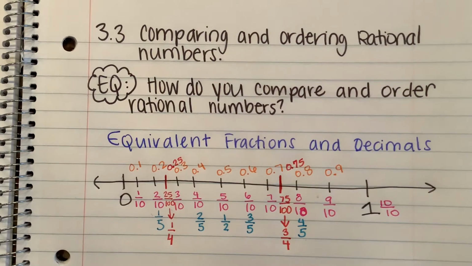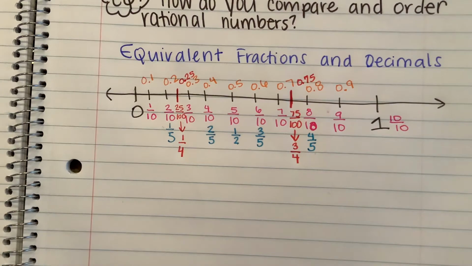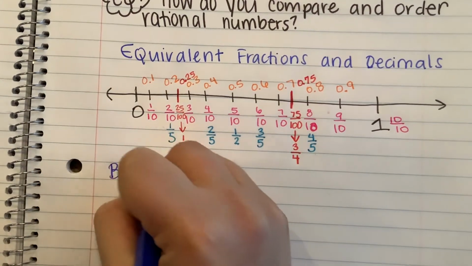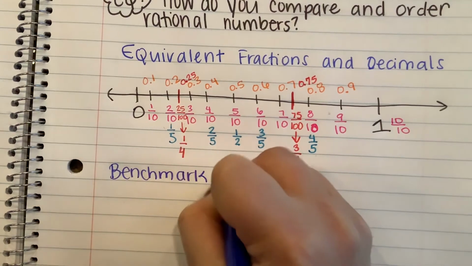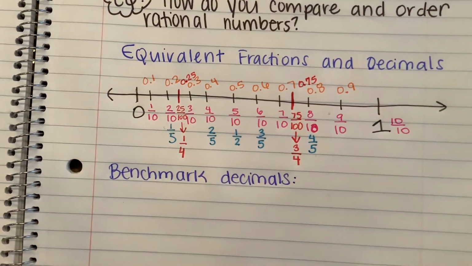So keeping that in mind as we work through our lesson today, we filled out our decimals on the top and some fractions on the bottom with our reduced fractions as well. So something to think about is those benchmark decimals. And these are our quarters.